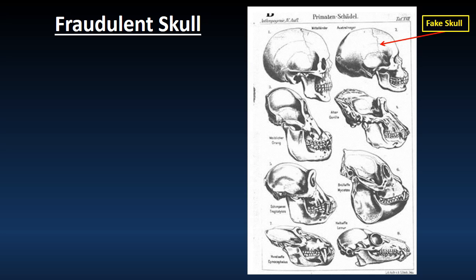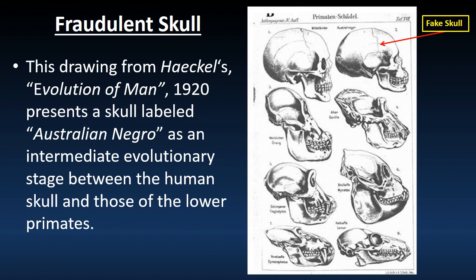This is from one of his books. He had many books that he put out. So this is from the book called Evolution of Man, written in 1920. He presents a skull labeled Australian Negro as an intermediate evolutionary stage between the human skull, which is that one, and then the lower, these are orangutans and apes and monkeys, and it actually gets down to fish and reptiles at the bottom.